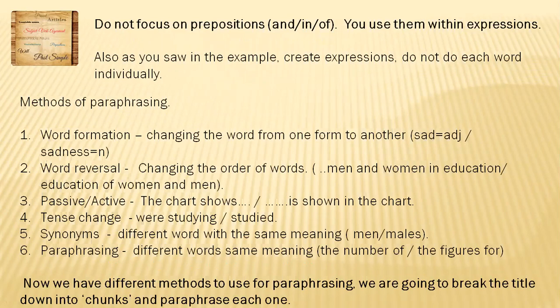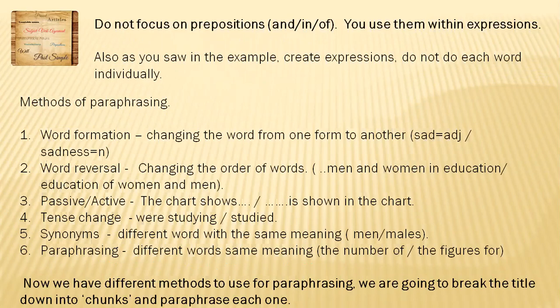Okay. Methods of paraphrasing. Word formation: changing the word from one form to another. Sad to sadness. Sad is an adjective, sadness is a noun. Same word, different form. Word reversal: changing the order of the words.